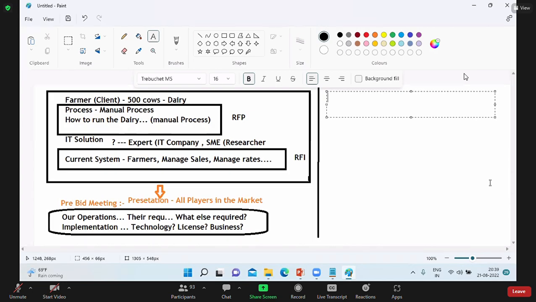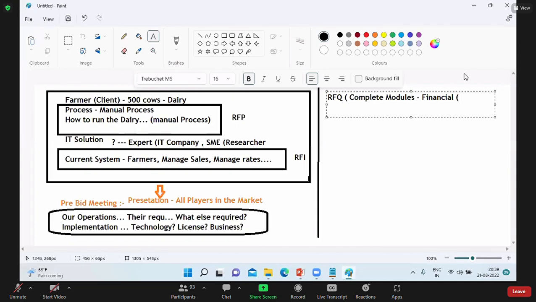See, after the pre-bid meeting, this guy has to come up with what? RFQ, right? A request for quotation. So what is going to be in the request for quotation? The complete requirements, whatever they want, meaning what are the complete modules. They clearly mention what they want. And what about the financial requirement of the companies?